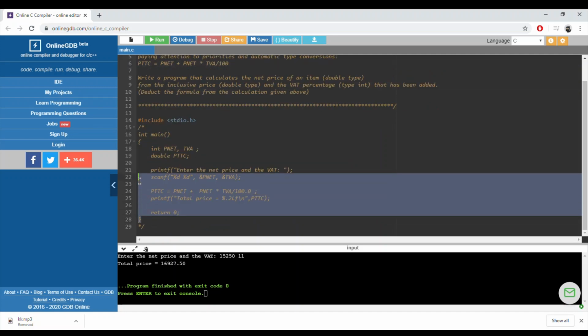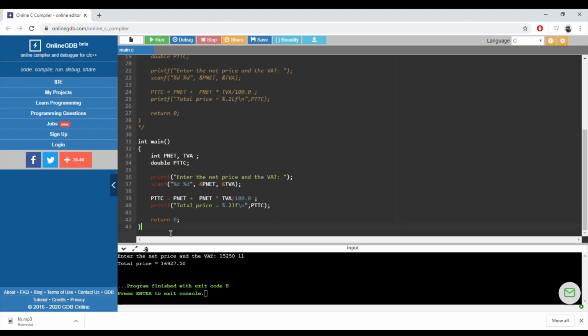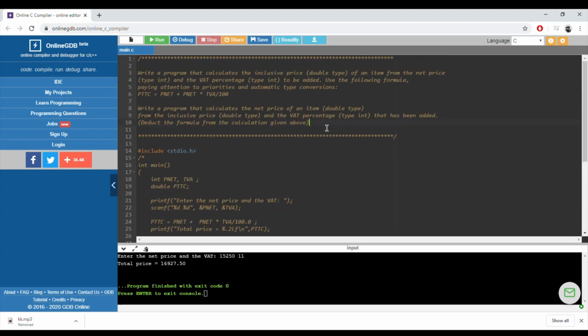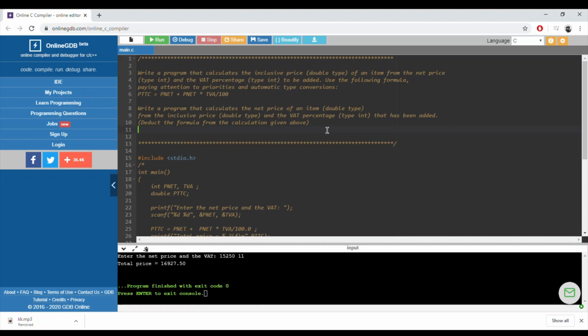Let's write it here. I will copy paste this one and write it above here. So pnet will be equal to PPTC multiplied by 100 over 100 plus VAT.